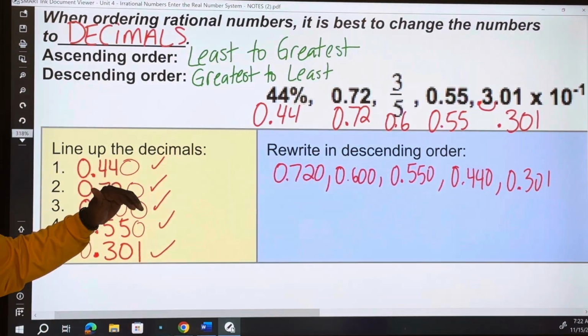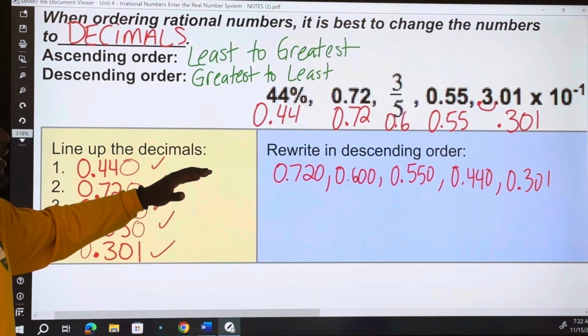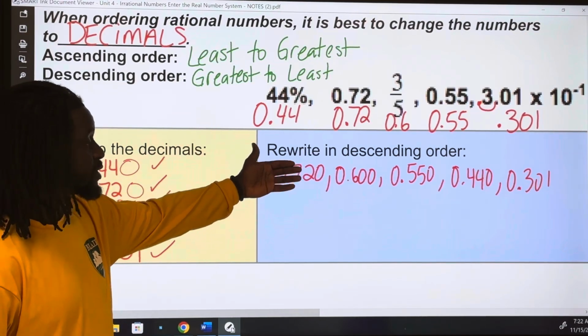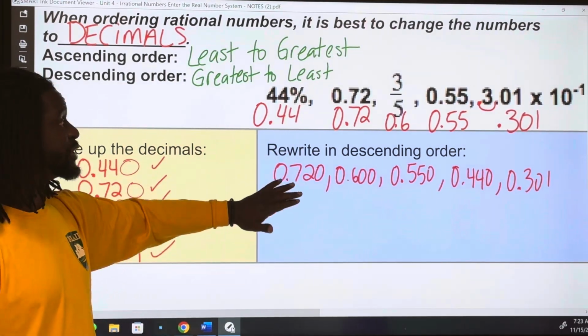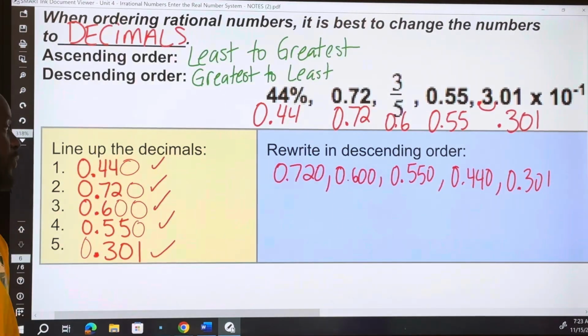Now, the last thing I need to do is take these and turn them back into what they were originally, because that's what the answer is going to be in.